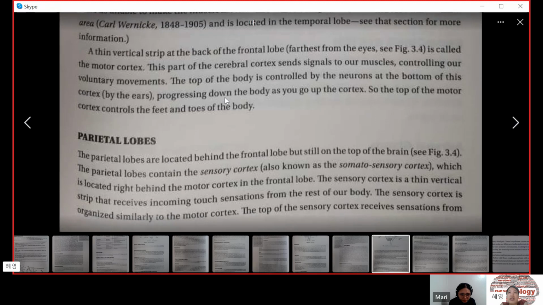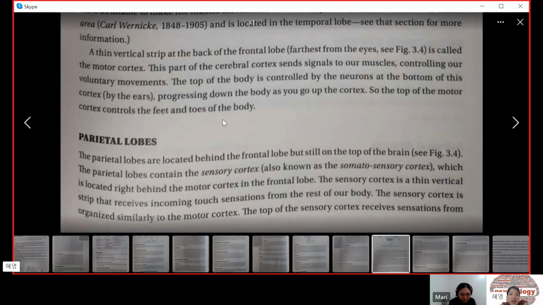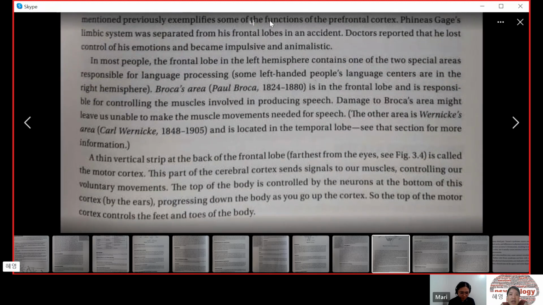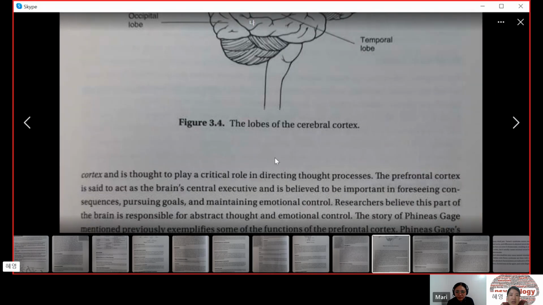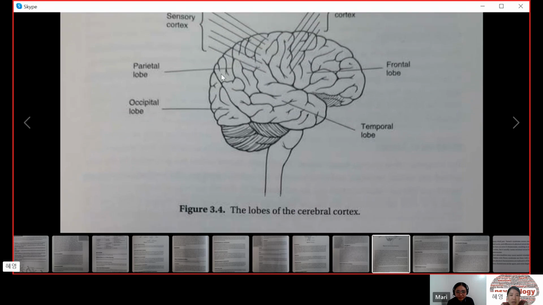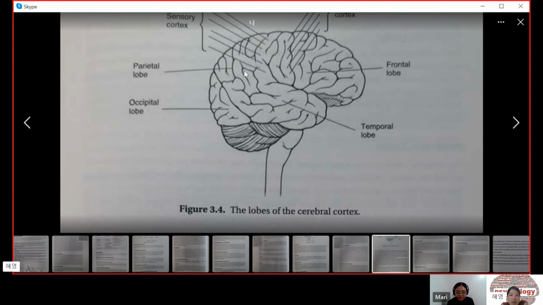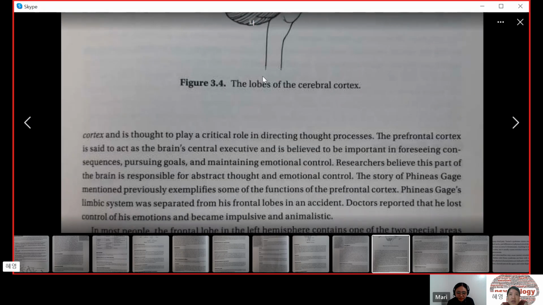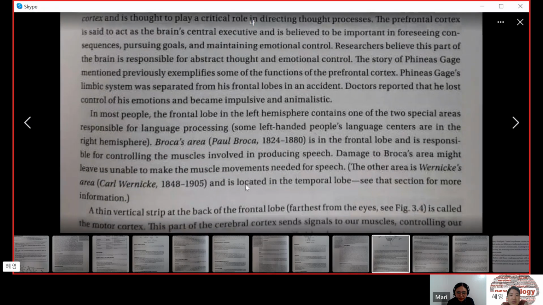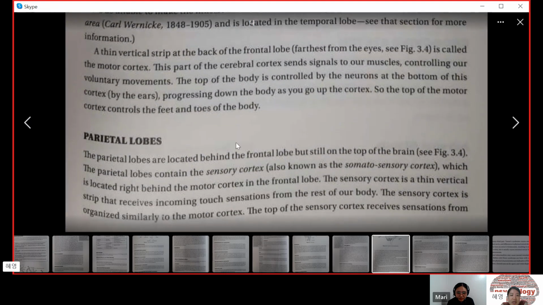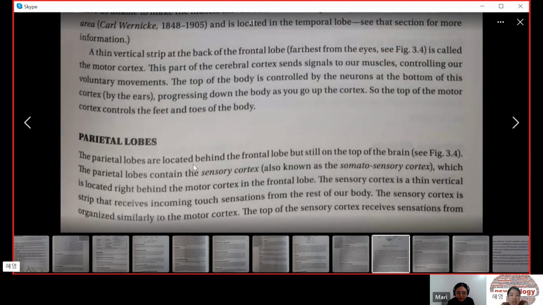And next are the parietal lobes. Let's look here. This part is the parietal lobe. Parietal lobes are located behind the frontal lobes, but still on the top of the brain.